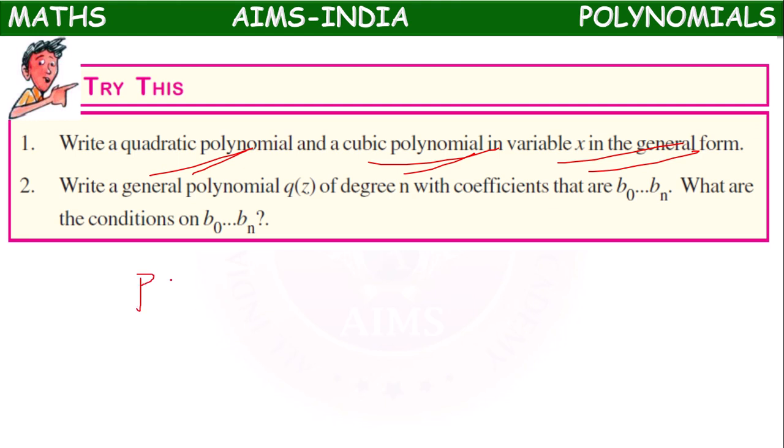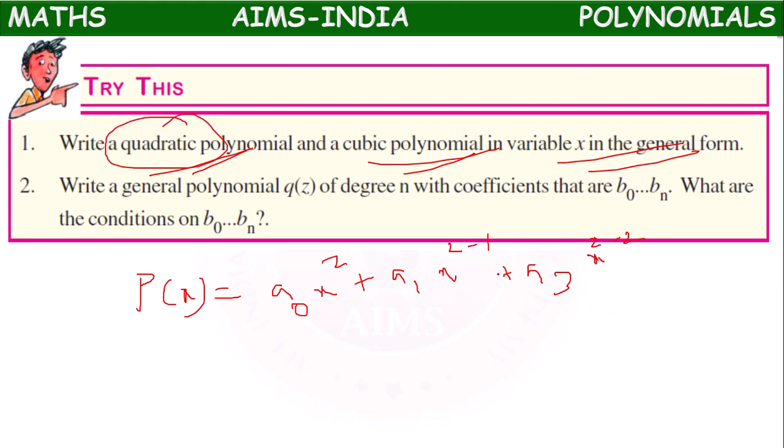So p of x, quadratic polynomial, a0, quadratic means power 2, next a1, x power 2 minus 1, next a2, x power 2 minus 2, means quadratic polynomial means 3 terms. a0, let's say constant a, x square, a1, let's say constant b, x power 2 minus 1 x, a2, let's take constant c, x power 2 minus 2 is 0, no need to keep.